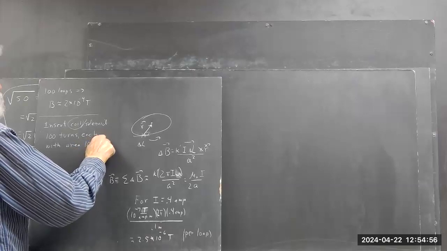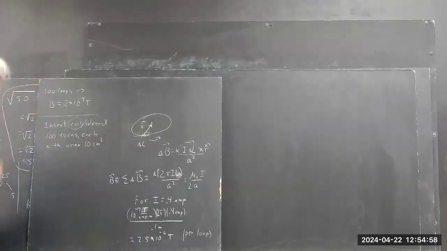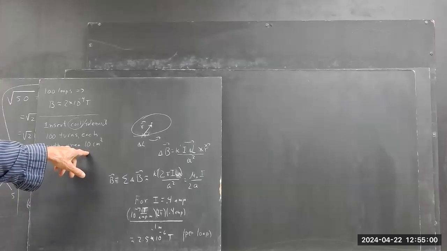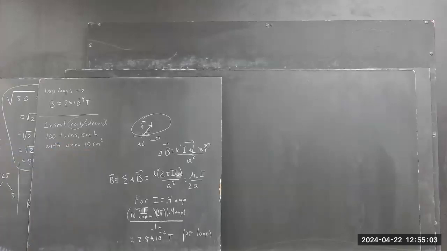Now I said the area of that thing's actually 7 square centimeters or so. Let's use nice round numbers. We use 10 square centimeters just to make the numbers easy to deal with. Okay.